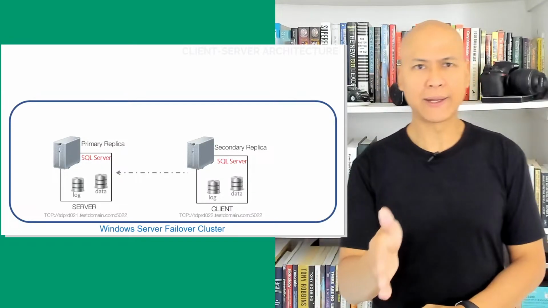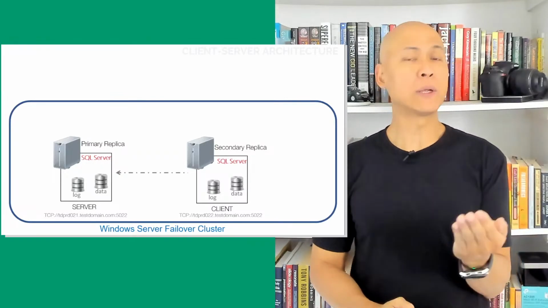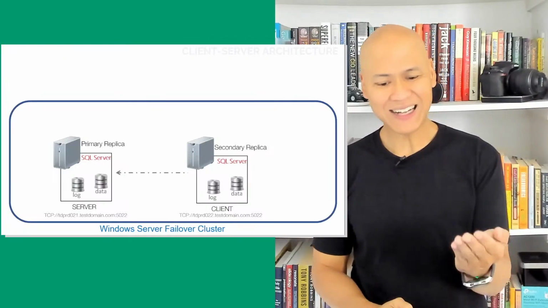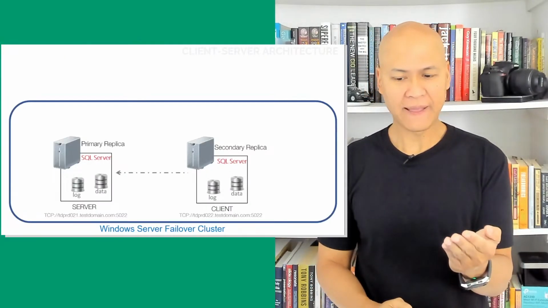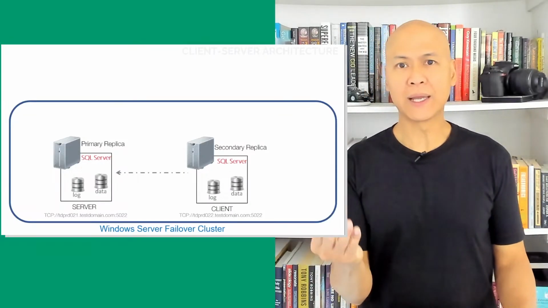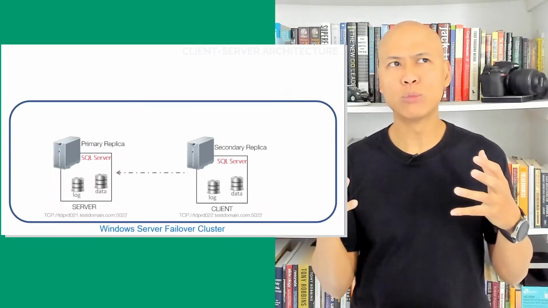The way I look at it is, here's your primary replica, and that is acting as the server. Here's your secondary replica, and this is acting as a client.